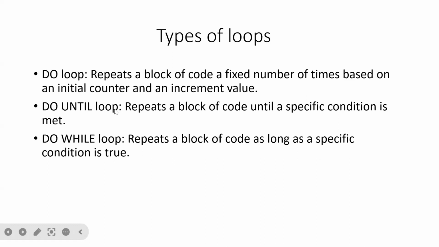Do until will repeat a block of code until a specific condition is met. We will see an example also here. And there is one more loop, do while, which repeats a block of code as long as a specific condition is true. It may look similar, do until and do while, but we will see some examples so you will understand.